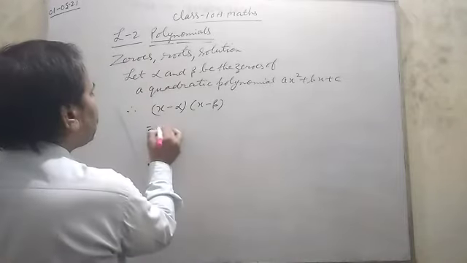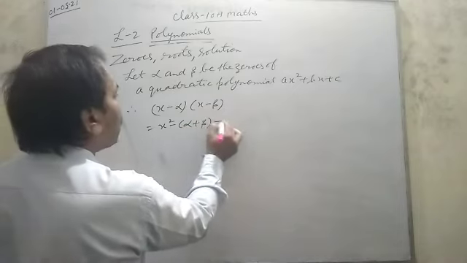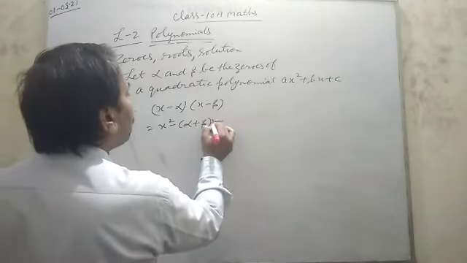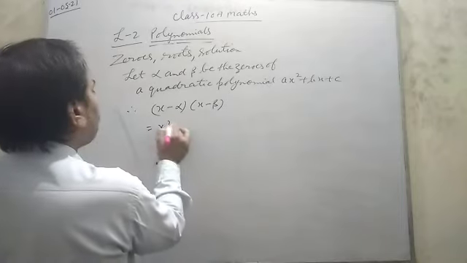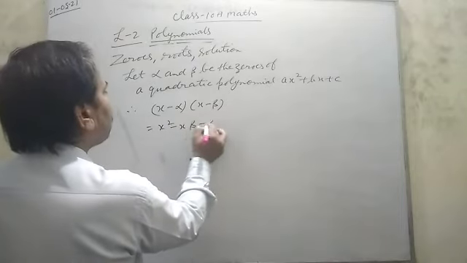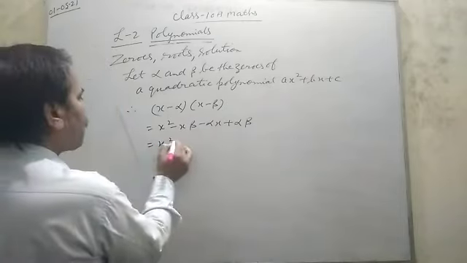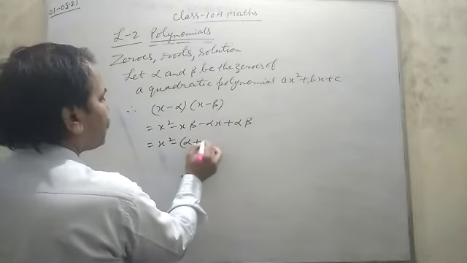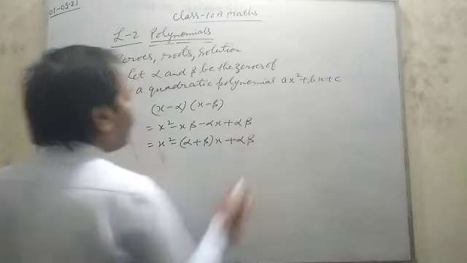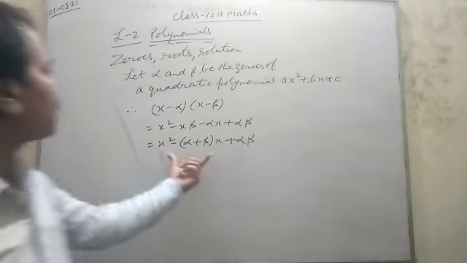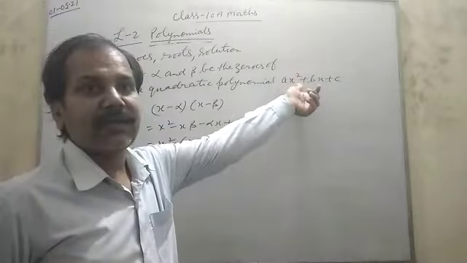So find it. x square minus alpha plus beta into x, minus alpha x minus x beta plus alpha beta. Here take minus x common. Compare this polynomial, whose zeros are alpha and beta, with the quadratic polynomial.